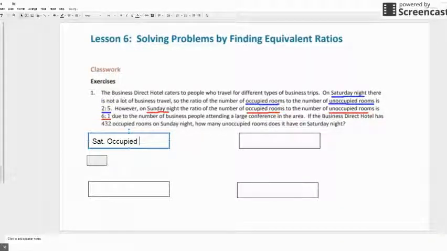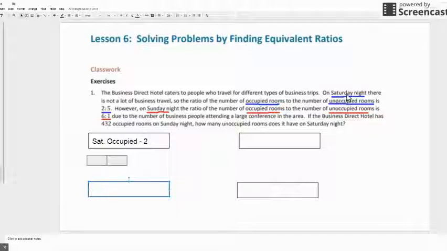This goes with the 2 to 5 ratio. The 2 comes first, so this would be a 2. We would need two blocks here to represent this tape diagram. Of course, they should be touching.